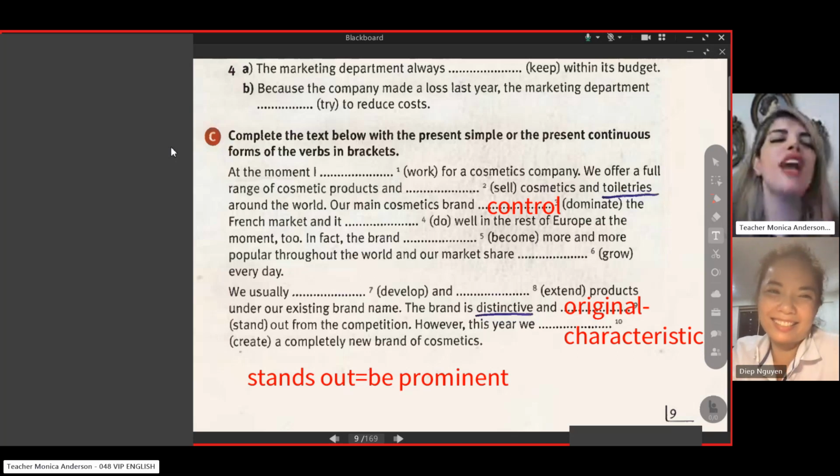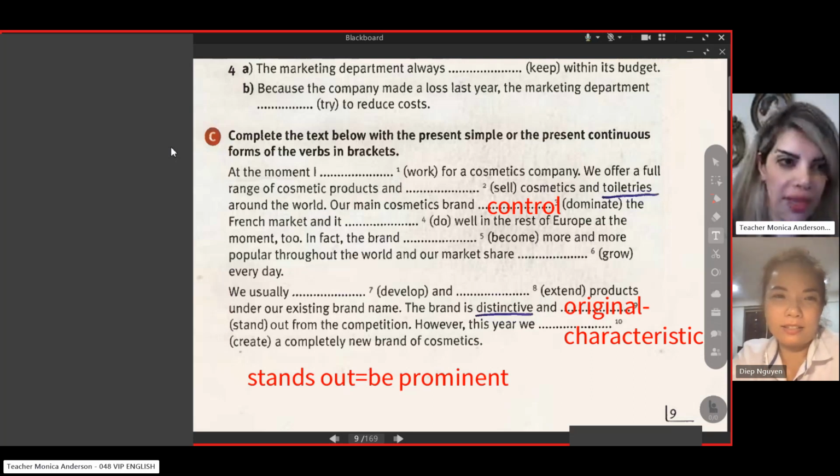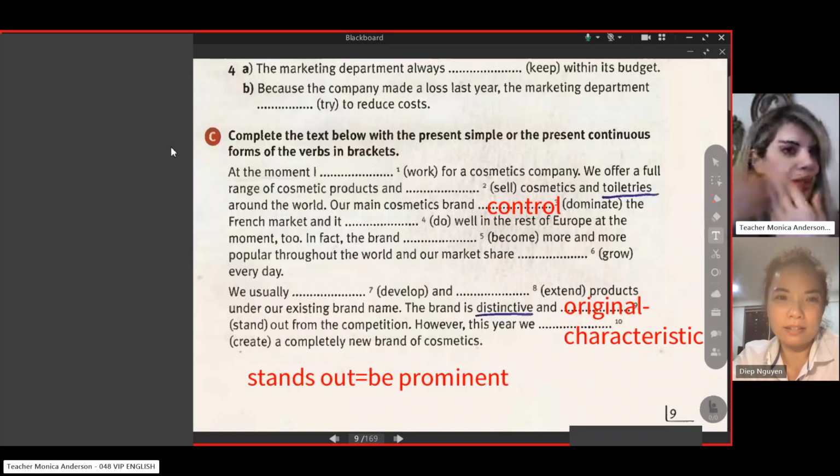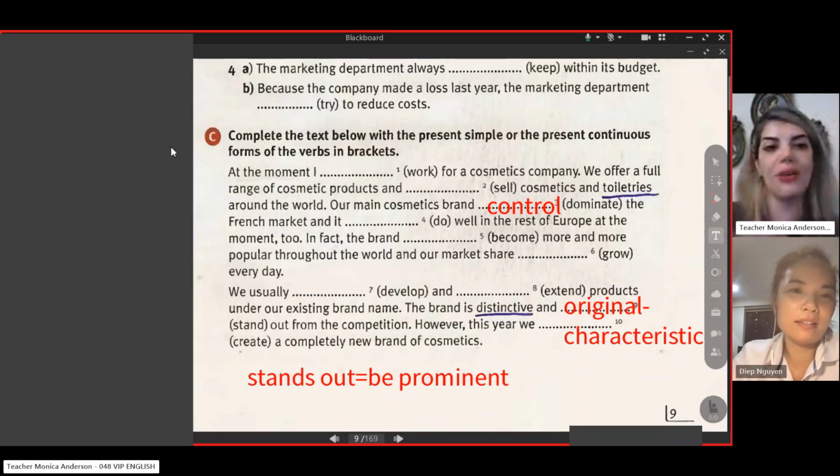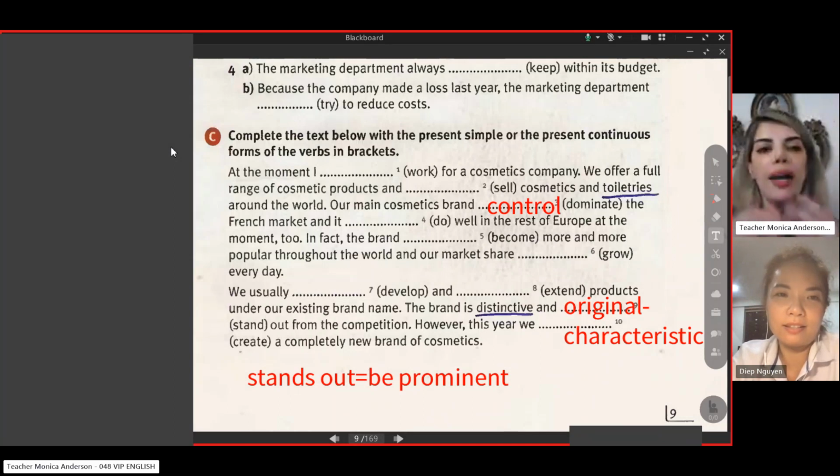Yeah, of course, I know. When you are writing something, you have more time to think about it, and if you make any mistakes, you can correct them. But while speaking, you are doing something at the moment.